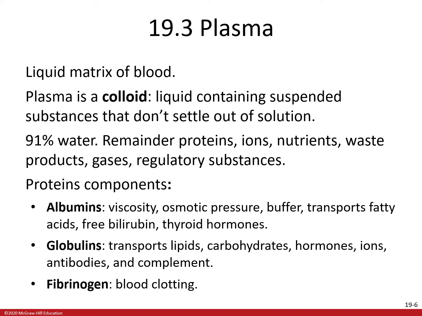The last one is going to be fibrinogen. Fibrinogen is going to make up 4% of plasma proteins, and these are going to be involved with blood clotting, which is a very, very important thing that we need to keep in mind. And then make a little note here that serum, S-E-R-U-M, I'll spell it out for you here, guys.